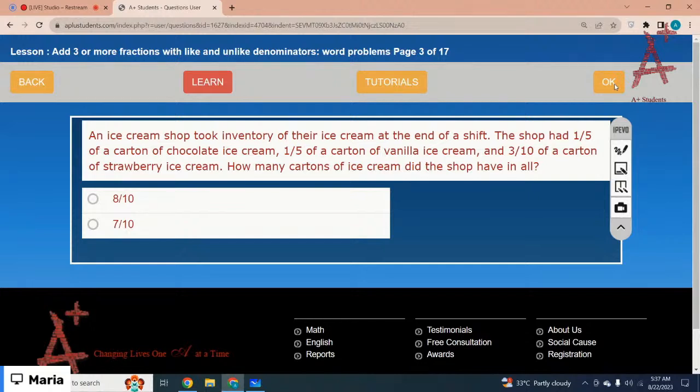How many cartons of ice cream did the shop have in all? You have to add 1 over 5 plus 1 over 5 plus 3 over 10. Let's just add.